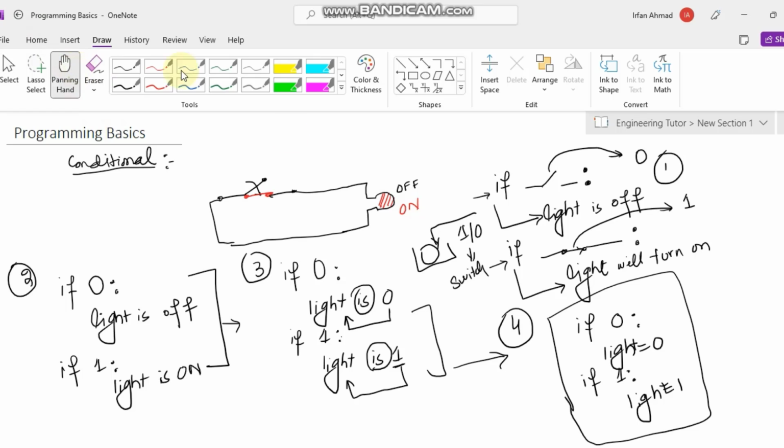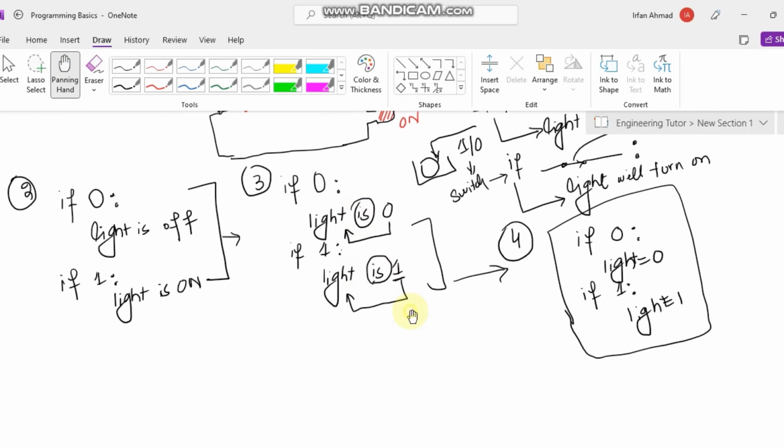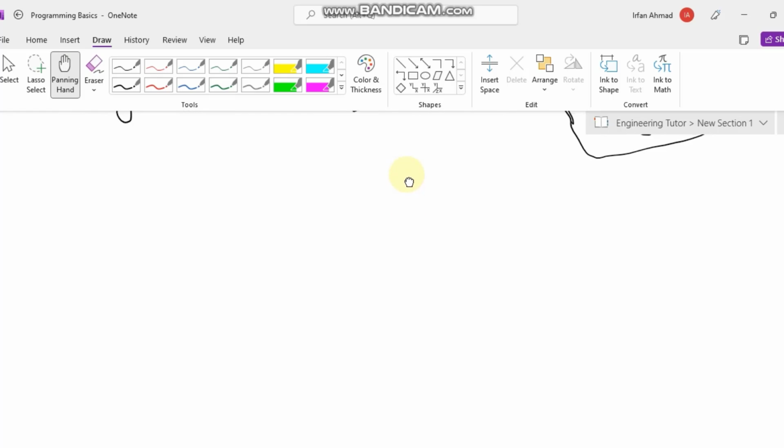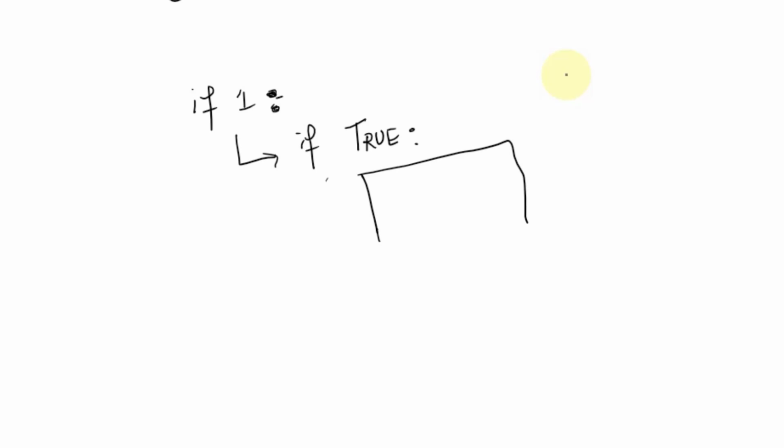Okay, so what is the next step? This is basically the actual concept behind the usage of the conditional statement. We can very easily see that this if will always work if something here is 1, or I can also write it as if something here is true, then whatever is beneath it will be implemented.